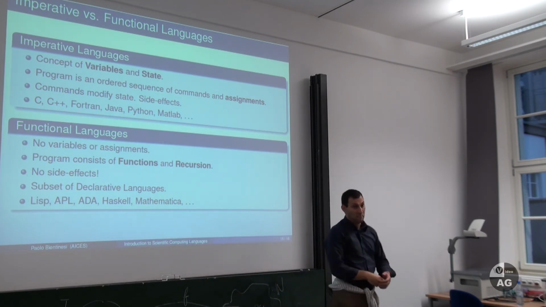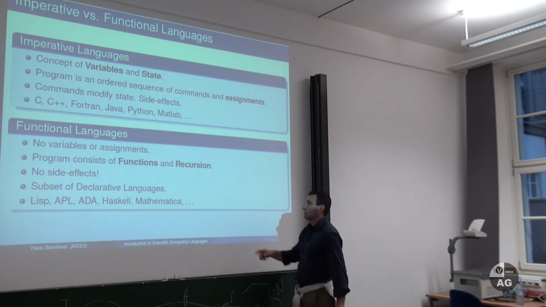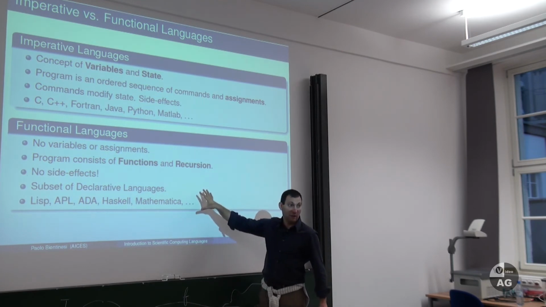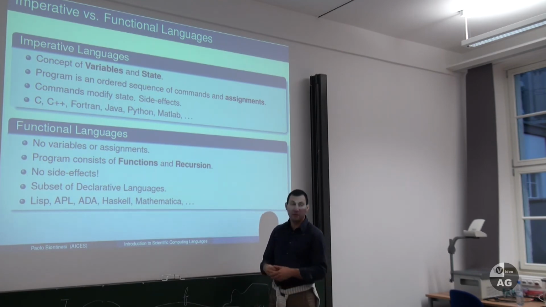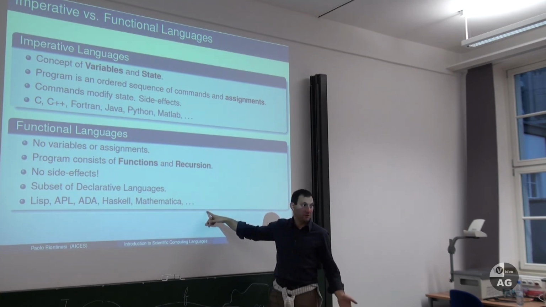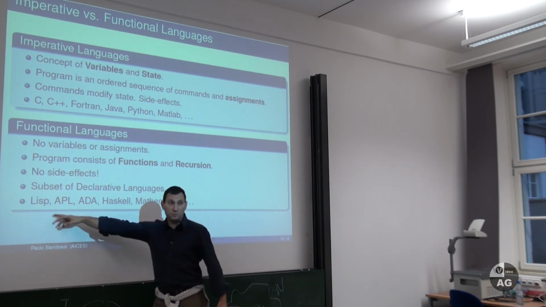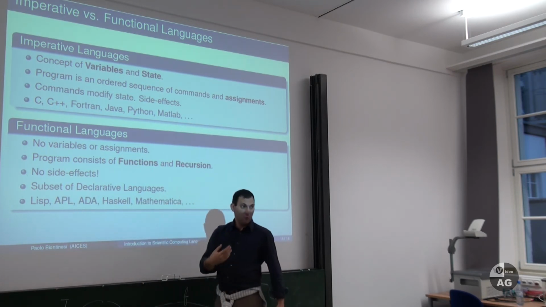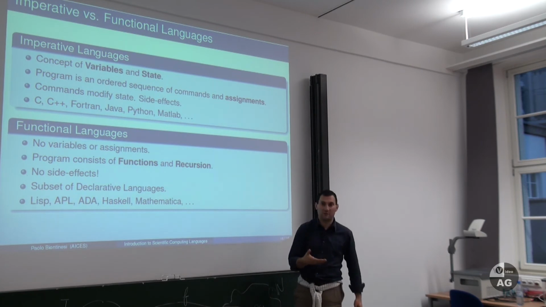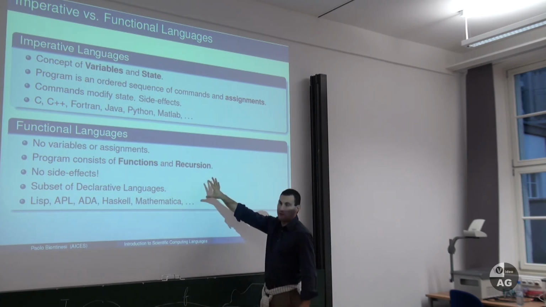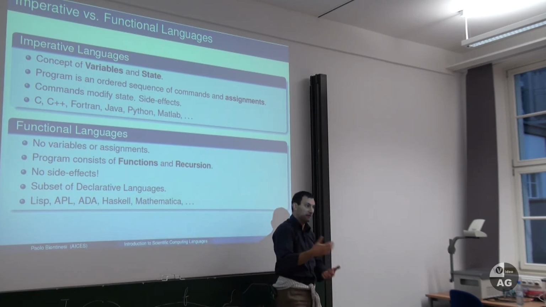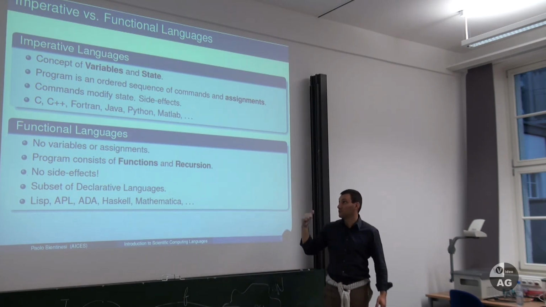As I said, I am lying because functional languages nowadays have been enriched and always include iterative constructs. So you have iterations, even in Lisp you have iterations. There are ways to store temporary variables. So functional languages have been contaminated by the iterative world. Why?